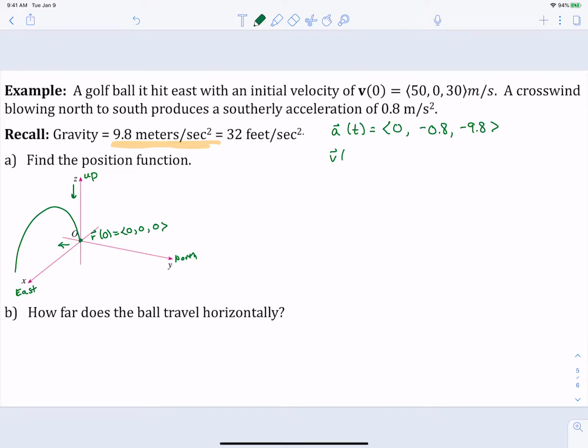Our velocity function, again, is the integral of that acceleration function. Whoops, I put an extra equals sign in there. I was thinking about the next line I had to write. So the integral of 0 is just a constant. And each of these others are constants, so they each get a t, and then their constant added on there. Then we look at the initial velocity that they gave us.